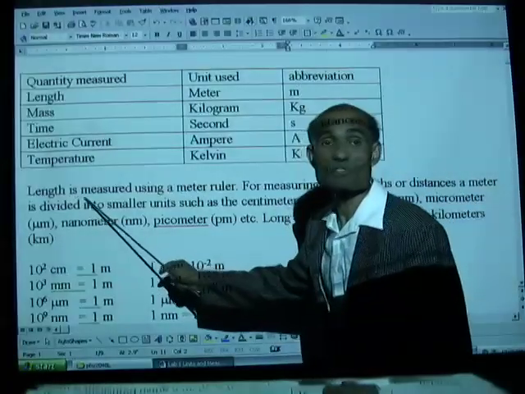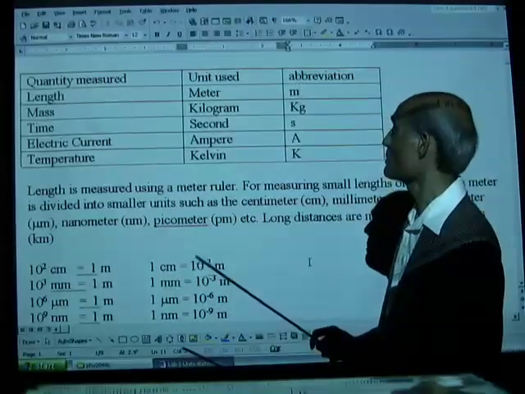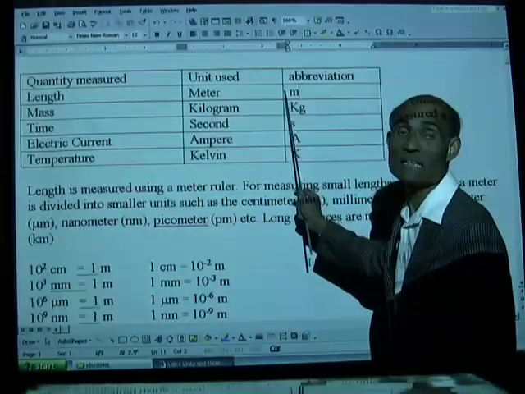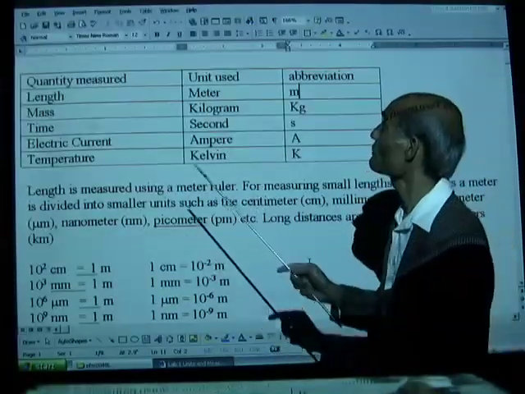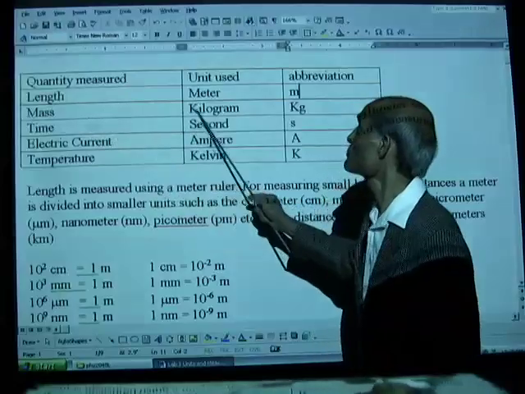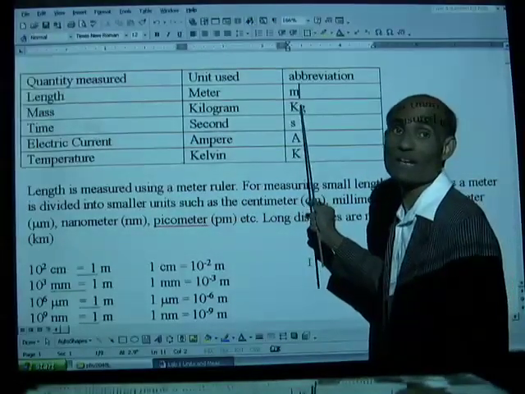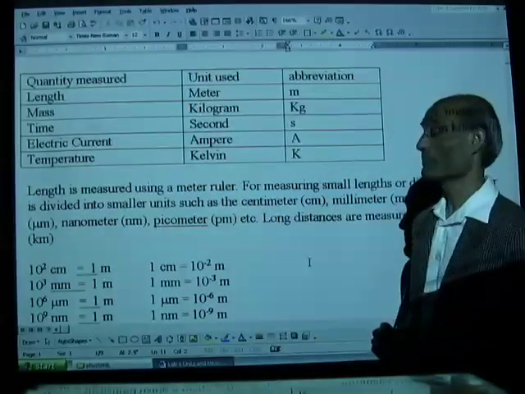Length is measured using a meter ruler, as I just showed you, and the unit of length is the meter. We use a lowercase m to represent a meter. Mass is measured in kilograms, and look at the way we write kilogram, and time is measured in seconds.